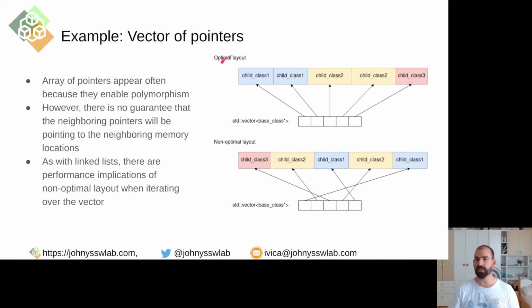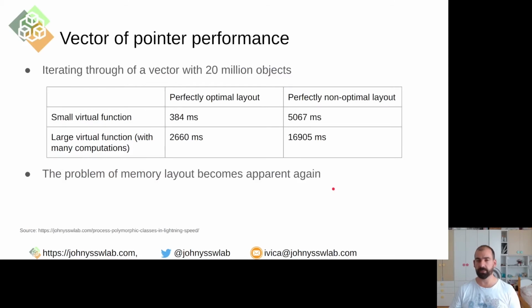This is an optimal layout, where neighboring pointers point to the neighboring instances in memory. This is the optimal layout. And the second layout is non-optimal layout. So we have here that neighboring pointers just point to random classes in memory. Now again, same as with linked list, there are performance implications when the layout is not optimal when you are iterating over the container, over the vector.